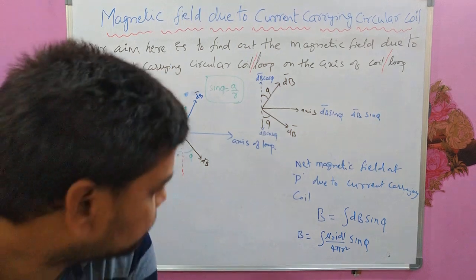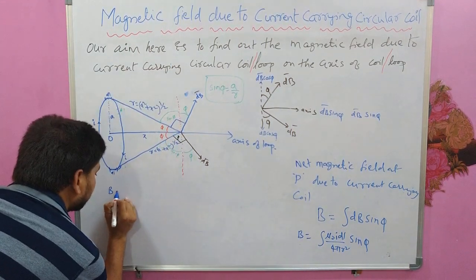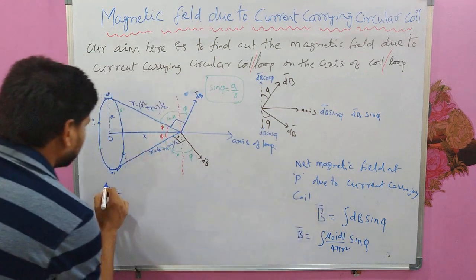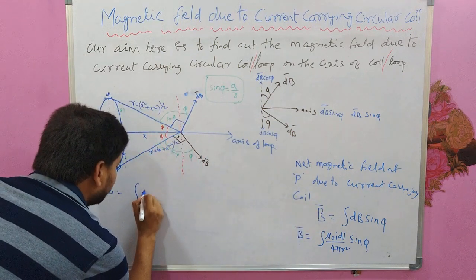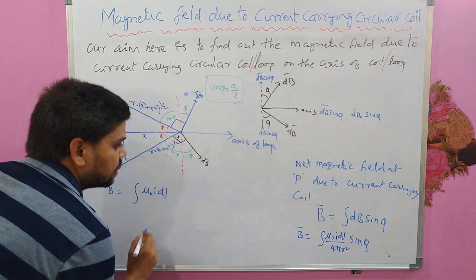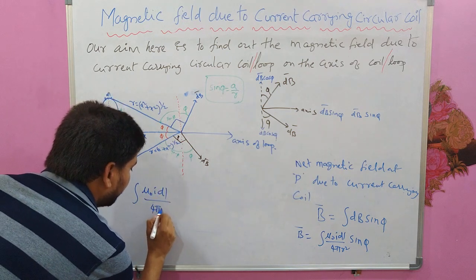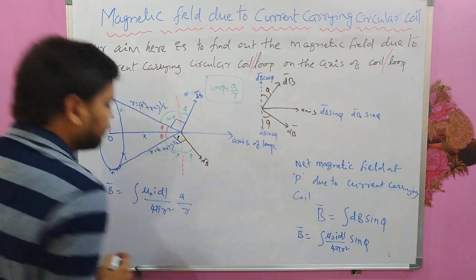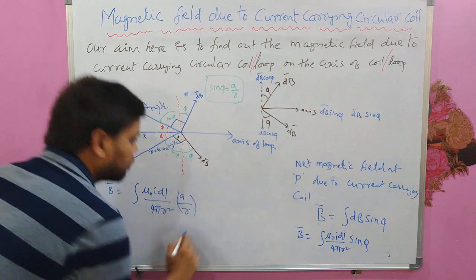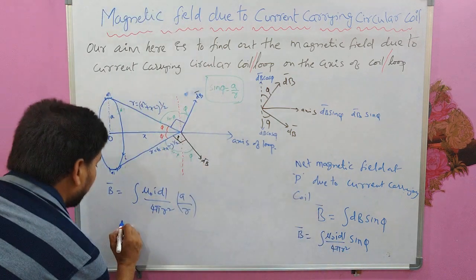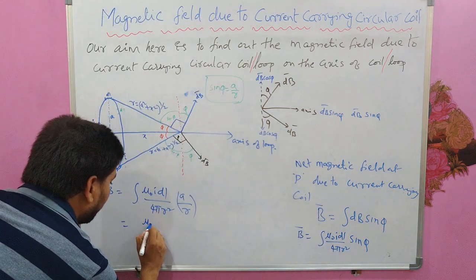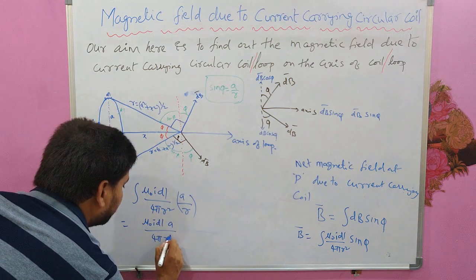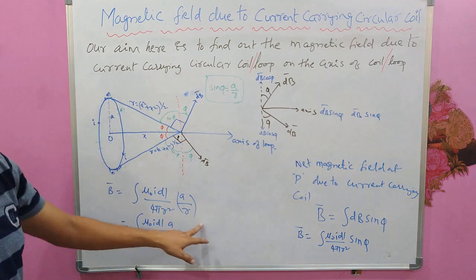B will be mu naught I dl by 4 pi r square, and sin phi is A by R, so we get mu naught I dl A by 4 pi r cube, r square into r.